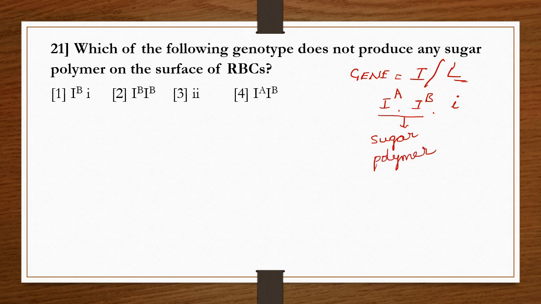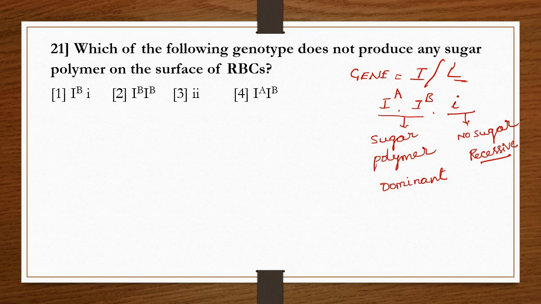Hence, these two characters are dominant. Whereas small i does not produce any sugar. So, no sugar production. That's why small i is recessive. It is not expressed.